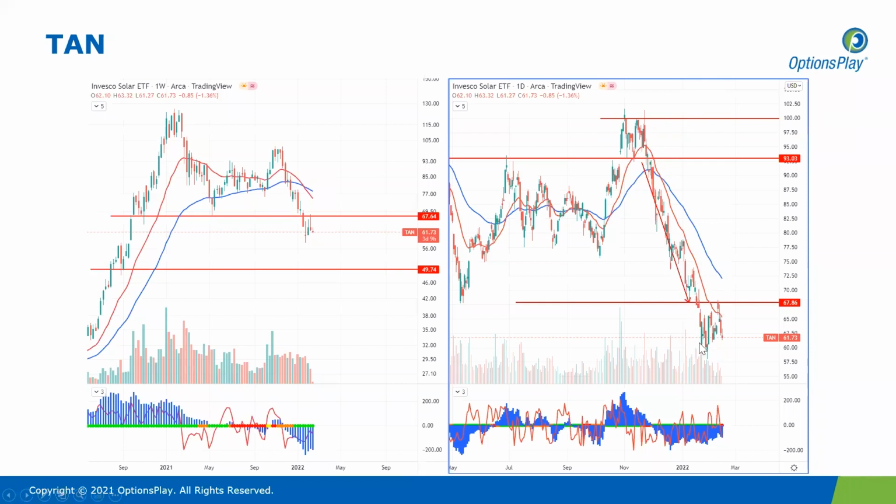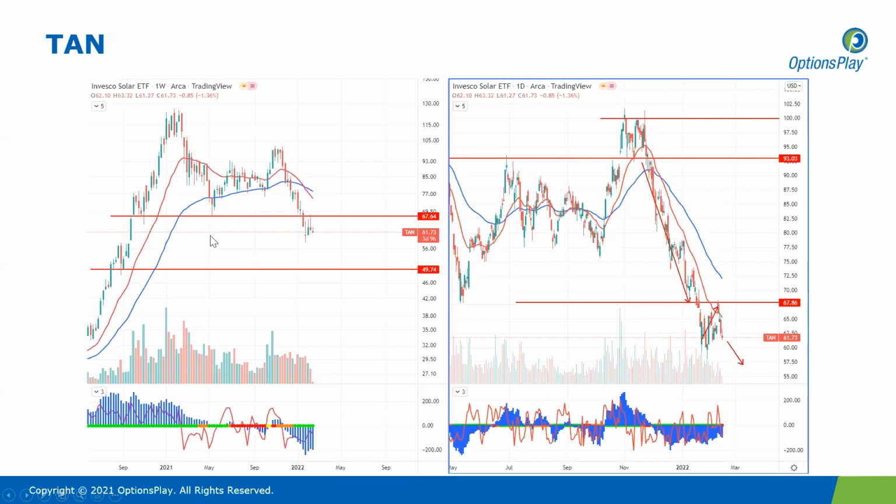And now price is essentially grinding a little bit higher, but again, complete lack of momentum, reacting negatively to the 67.86 level. Strong bearish momentum already in the last 3 days, and I do think it indicates a further move lower.